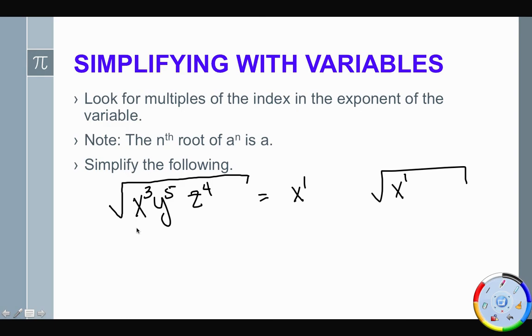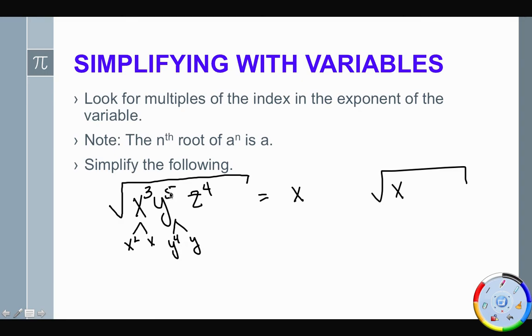So there was an x, this is essentially what I'm doing here. This is x squared and x. So the square root of x squared became x to the 1st, which I don't need to write 1. And then there was 1 left over inside the radical. In the same way, this is y to the 4th times y.